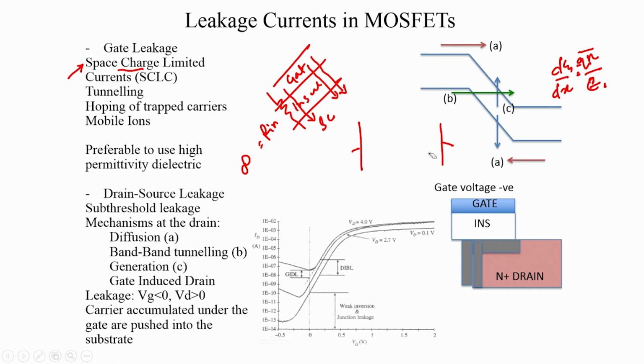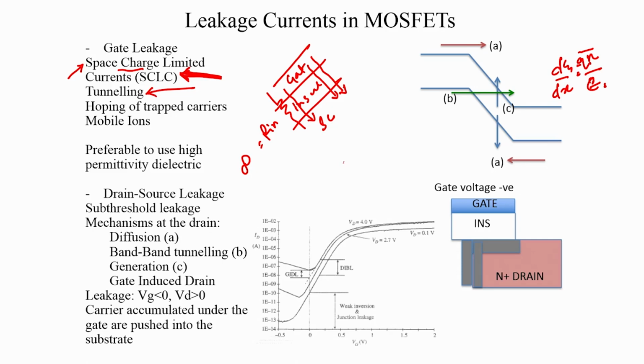Now, we will have a special lecture that identifies different means or mechanisms and models for space charge limited currents, but this is one of the methods of charge transport through the insulator. The other method that you are familiar with is tunneling.